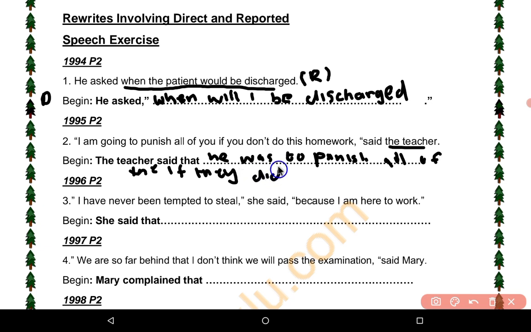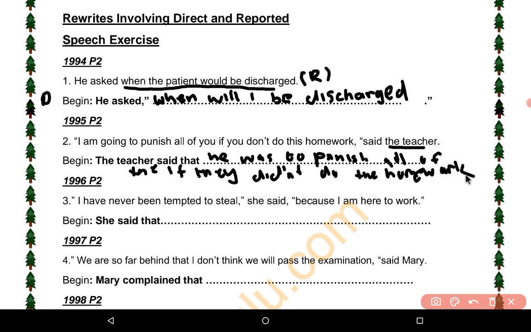They didn't do this, we change to the homework. Reported and direct speech can be confusing, but if you follow these simple rules, you should be able to get it right.